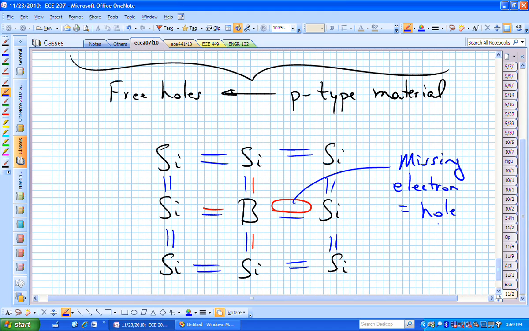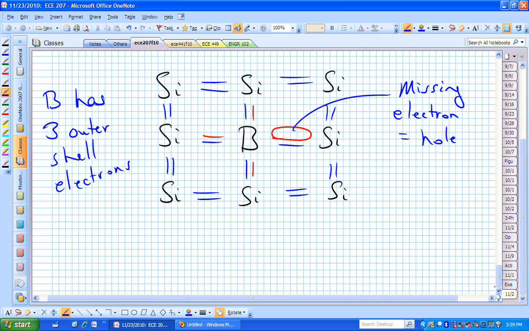And that's because this boron has 3 outer shell electrons. But the B, or the boron, only has 3 protons also, so it's electrically neutral.